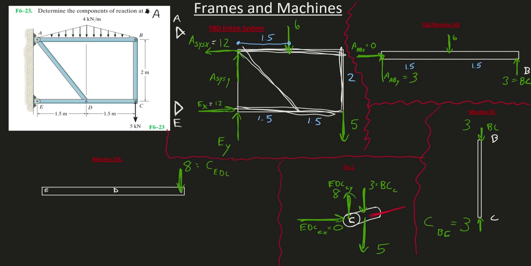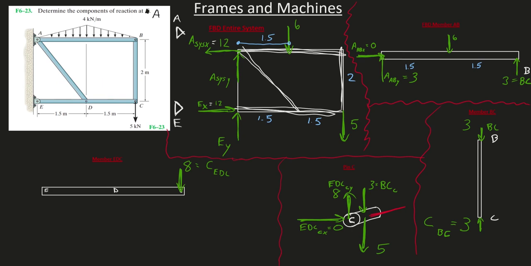And there's nothing in the X, so no need to worry about that. Now, AD comes into contact with EDC right here. But this is not too much to worry about here. No tricky business going on, no extra forces, so I don't really have to analyze that joint D. I can really just pretend AD is touching EDC directly.